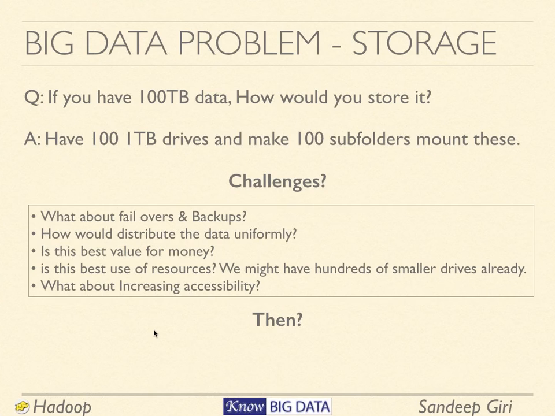Second is, say we said that we'll create 100 subfolders, each mapping to one computer. Computer 1, computer 2, computer 3, and so on. Or we can say drive 1, drive 2, drive 3, and till drive 100. How are we going to decide which movie is going onto which folder?